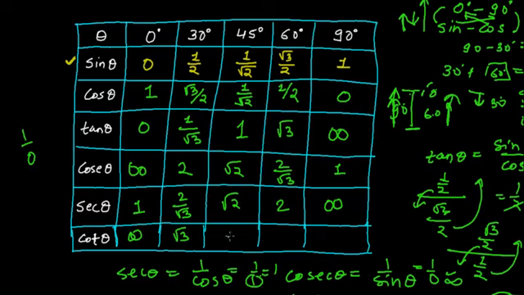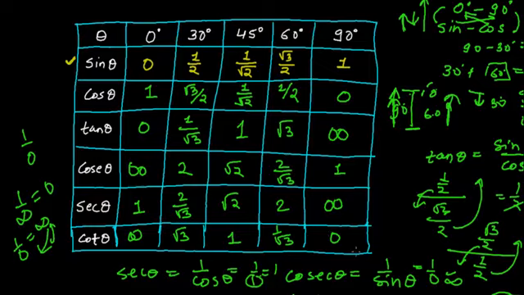For 45 it is 1 upon 1, which is 1. And for 90, tan 90 is infinity, so 1 upon infinity, what is the value of 1 upon infinity? Of course it's 0, right? I think you know about this, because since 1 upon 0 equals infinity, it will be like this, so this will be 0. Like this we have to fill up all these values, right?